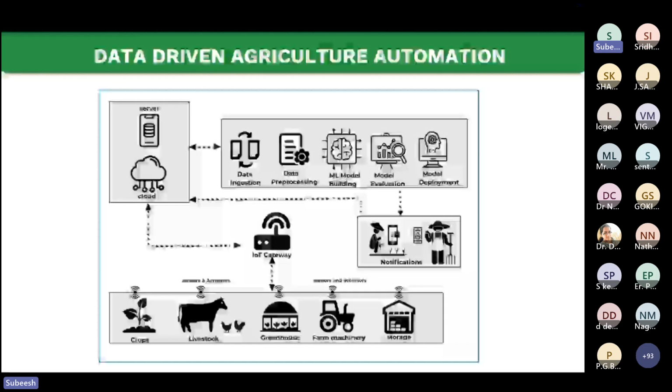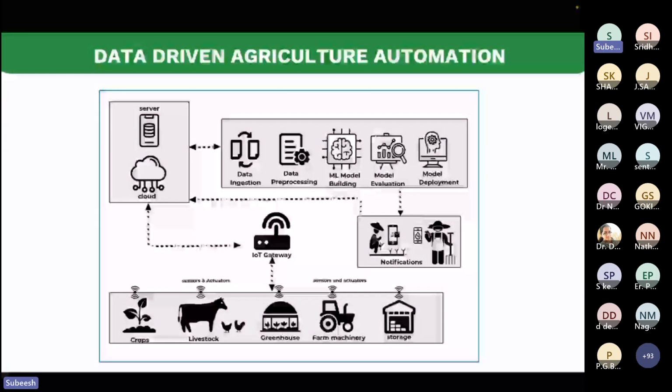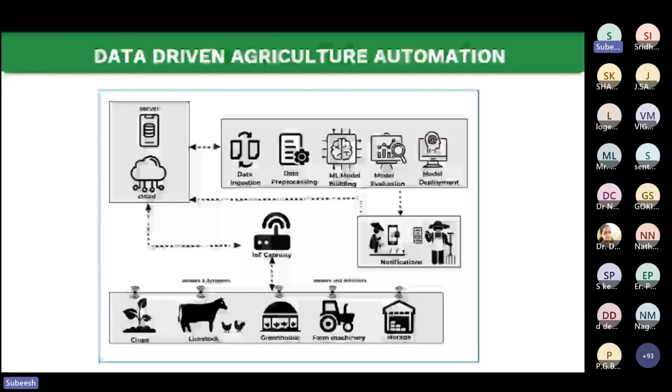They allow body-attached sensors that can give you information about what the cattle or any kind of livestock is going through. And we have the greenhouse where you need to control the temperature, humidity, all these values. There also you can have the sensors.